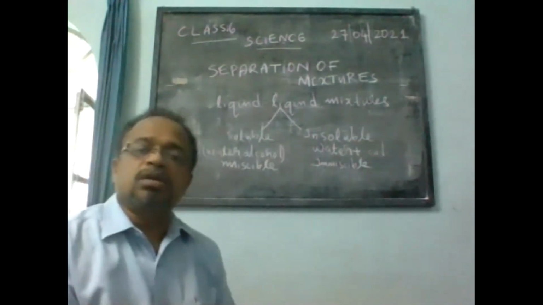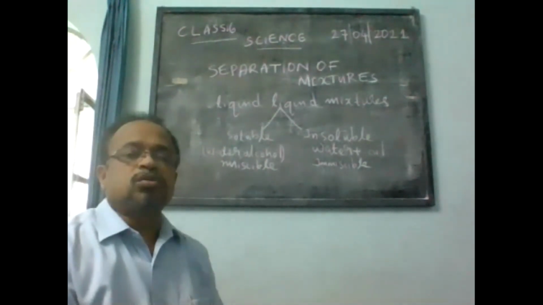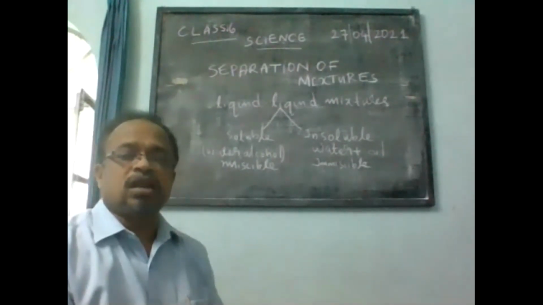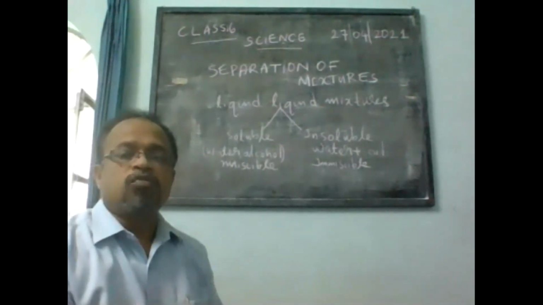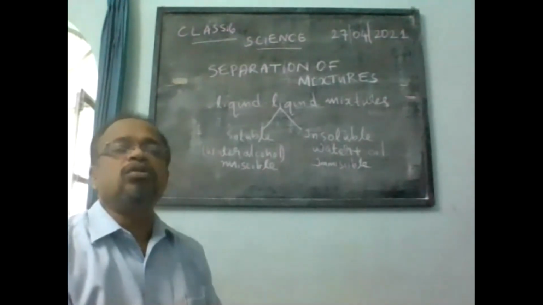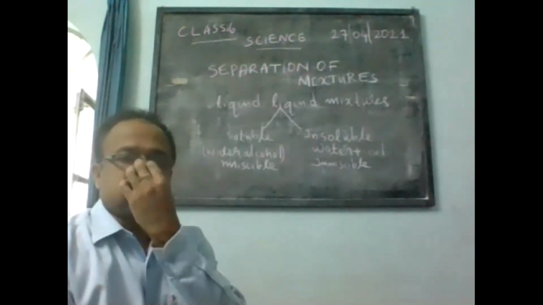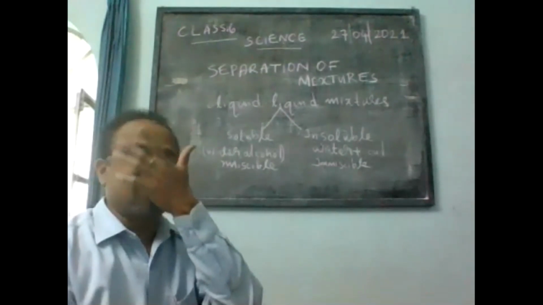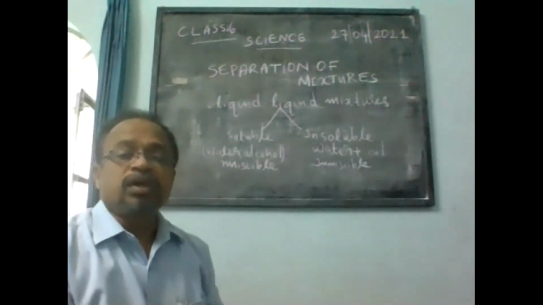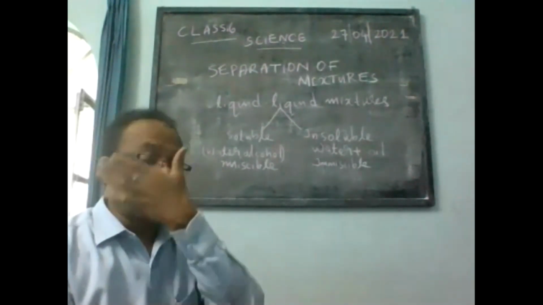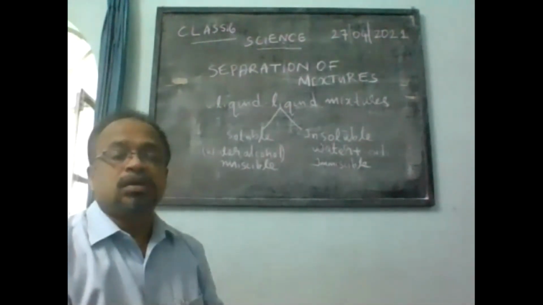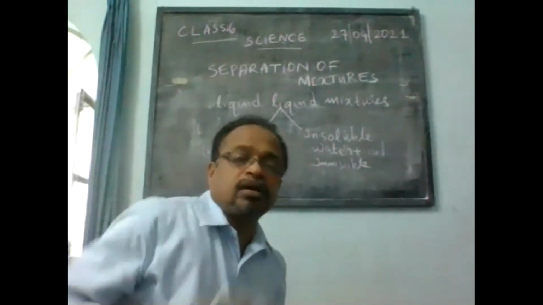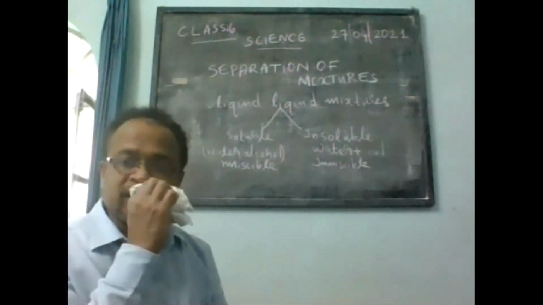Here we use the method also called distillation, because in this also there is evaporation of the lower boiling component followed by condensation of the vapors, and we get the lower boiling point liquid first and the higher boiling point liquid remains in the distillation flask.